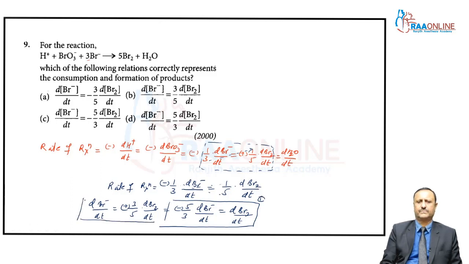Now check the options. Option B is the correct answer, because in option B you can see this 3 by 5 dBr2 upon dt.